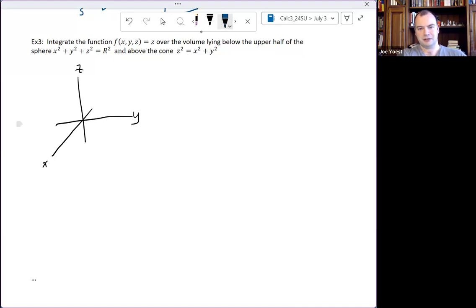So just like above, we have an upper half sphere of radius big R. And then we have this 45-degree cone, z squared equals x squared plus y squared.